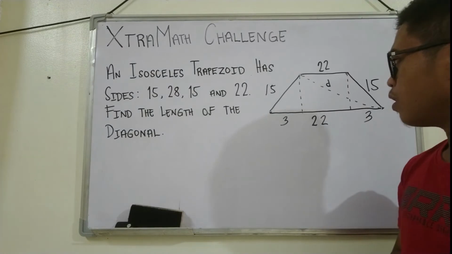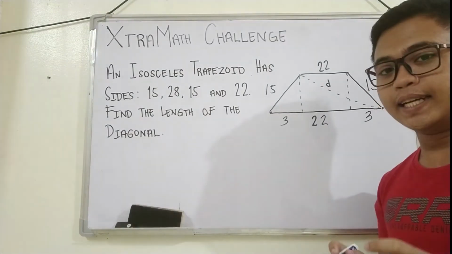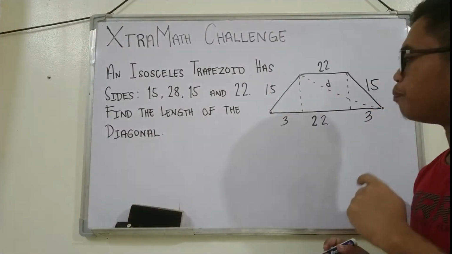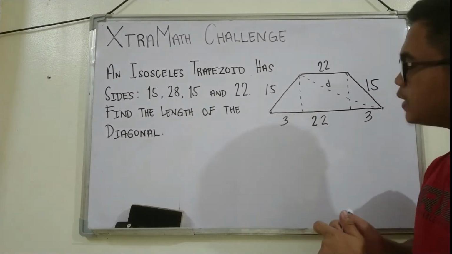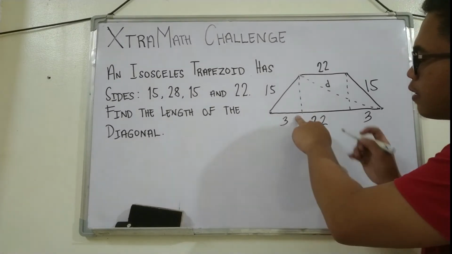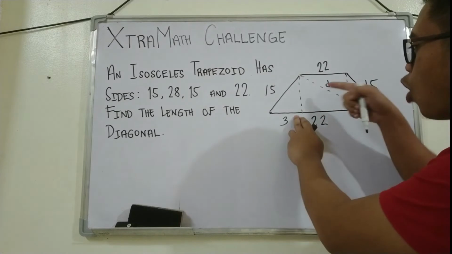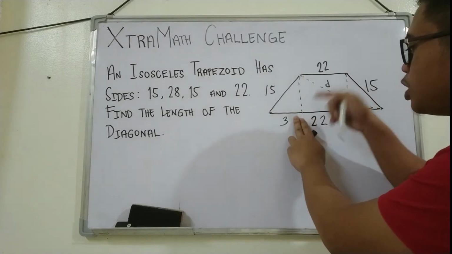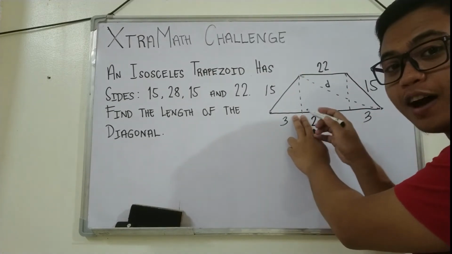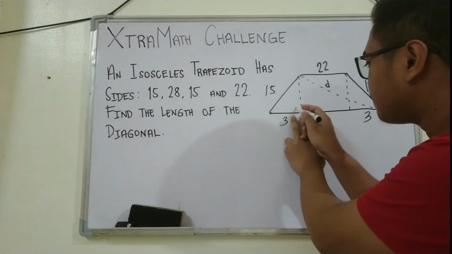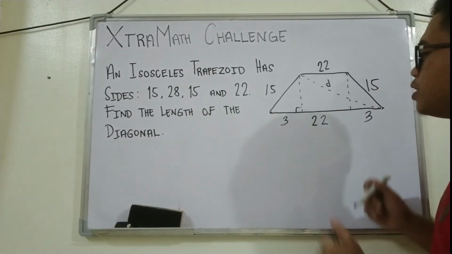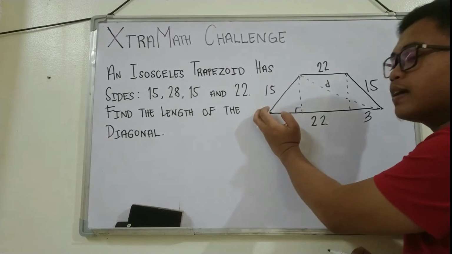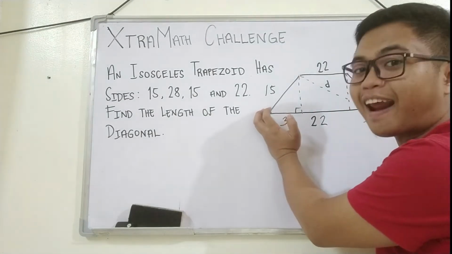Now, to find the height of this trapezoid, as we can see, we have a right triangle here because this line is perpendicular to the base. So we have a right angle here, which would tell us that this triangle is a right triangle.